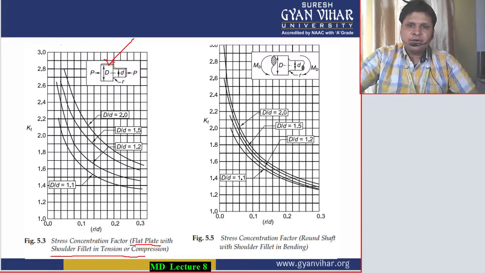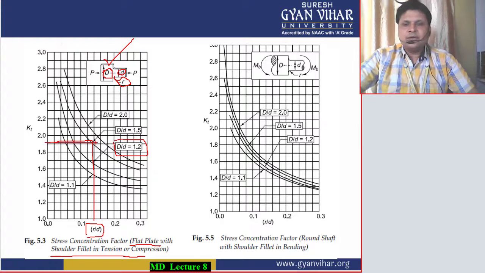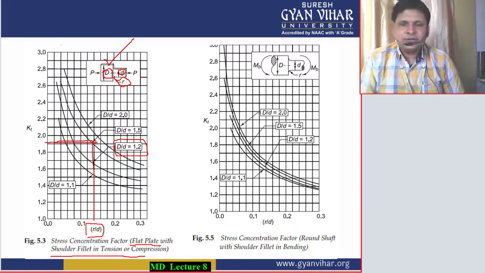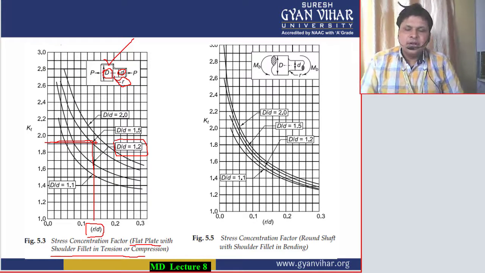If it is a flat plate with a shoulder fillet on it, then in that case, if you have the value of small d, meaning the small thickness of the plate, then capital D, the larger thickness of the plate, and the fillet radius, then from these three parameters you can calculate the ratio r by d, and then the capital D by small d value, and from these two values you can calculate the value of KT, the theoretical stress concentration factor.